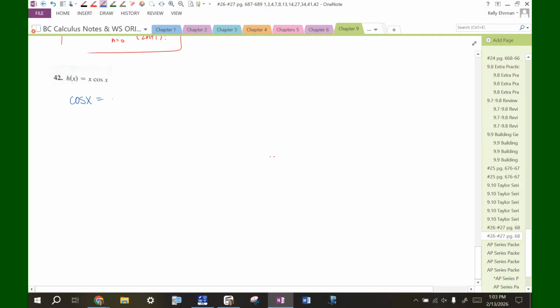So cosine is the one that's 1, because that's like x to the 0, minus x squared over 2 factorial plus x to the 4th over 4 factorial minus x to the 6th over 6 factorial plus dot dot dot plus negative 1 to the n x to the 2n over quantity 2n factorial plus dot dot dot. And if we want to multiply everything by x, let's see what that does. So that makes this x minus x cubed, but it's still over 2 factorial, plus x to the 5th over 4 factorial.